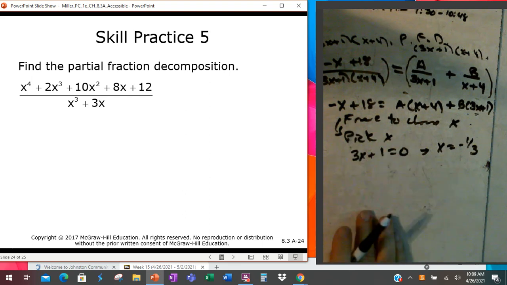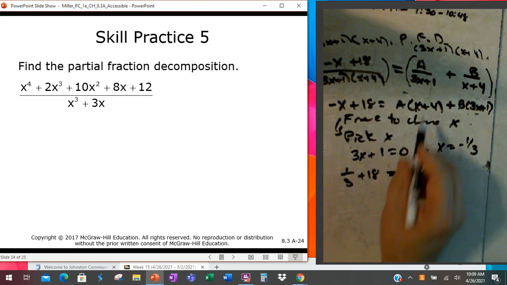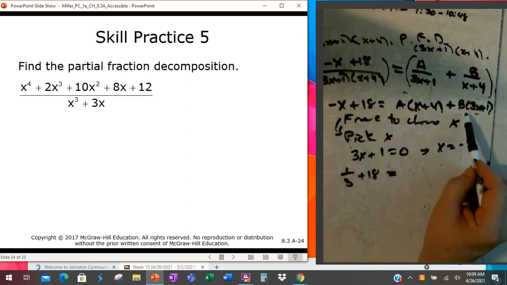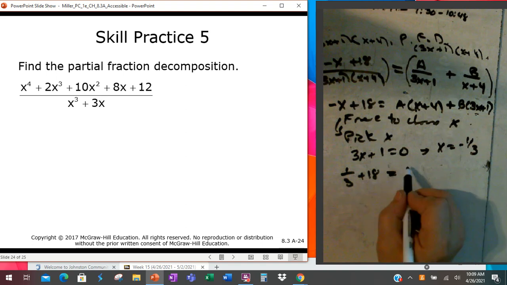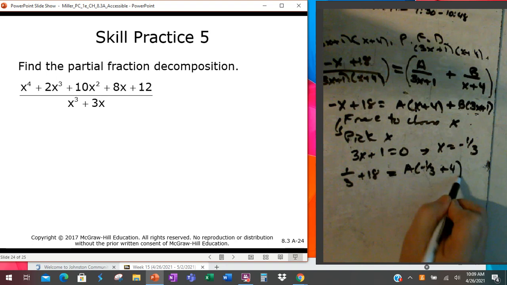And then I'm just going to put it in here. So 1/3 plus 18 is equal to, this one's going to go out to 0, and here's my a times -1/3 plus 4.